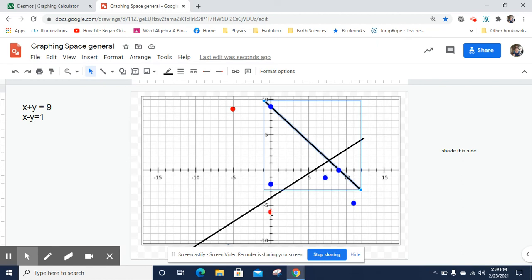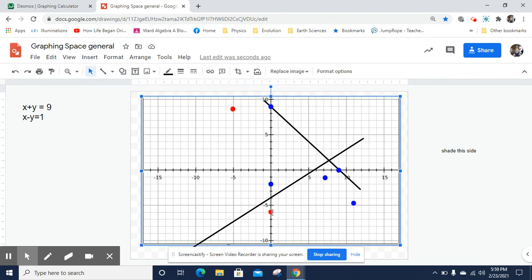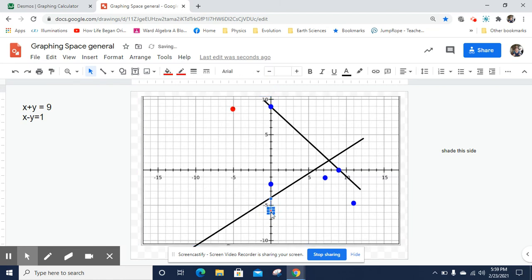I'll use red for that so I can tell the difference. The x-intercept will be 1. And the y-intercept, if x is 0, negative y equals 1, so y equals -1. So here we have a y-intercept at -1, and I can plot that one as well.